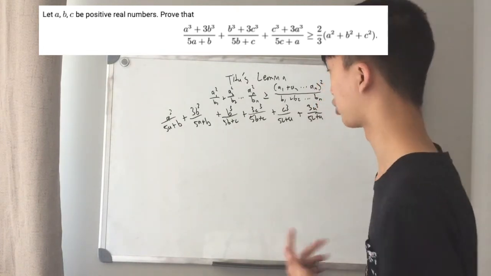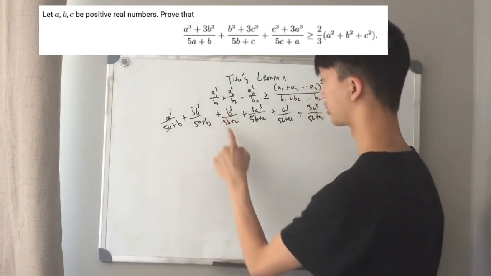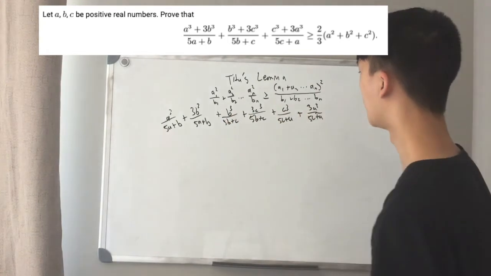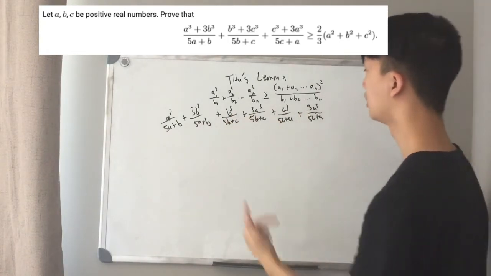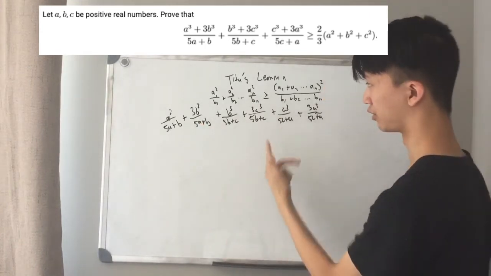So we don't see any perfect squares at first, but what we can do is multiply this term and this term by a over a, b over b, and c over c, and this term and this term by 3a over 3a, 3b over 3b, and 3c over 3c.